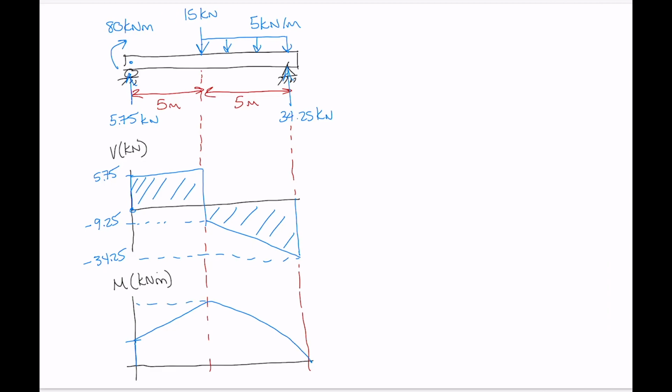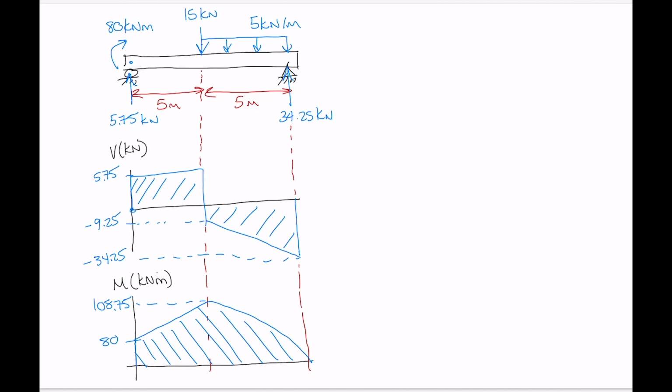That has a value of 108.75 kilonewton meters. This has a value of 80. Okay, do some shading on that one too. So those are what the shear and moment diagrams look like for this beam.